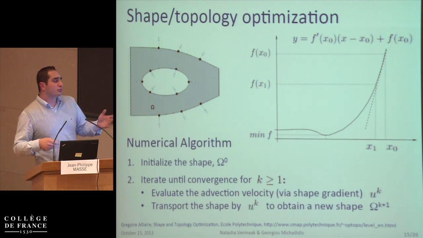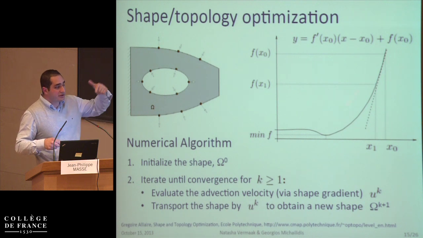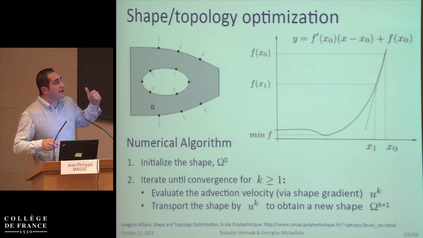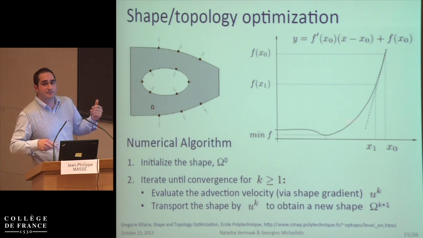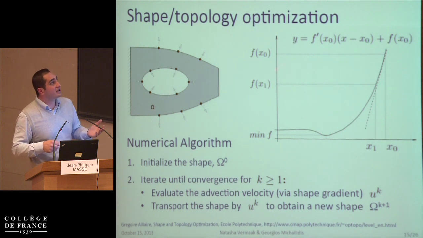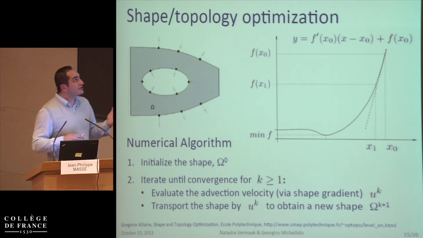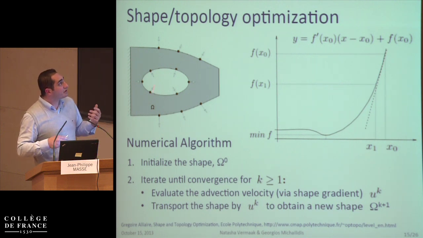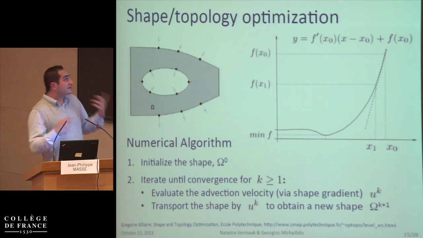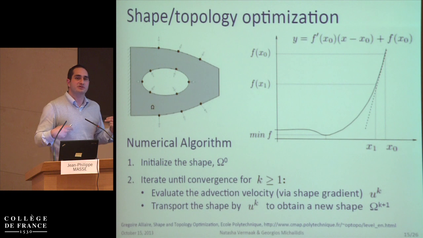We usually construct a linear approximation of the function in a neighborhood of this point, and we take another point x1 that lies closer to the minimizer. In order to construct this linear approximation, we need to calculate a notion of derivative, of gradient. So for us, it would be a shape gradient, which can be understood as a velocity field defined on the boundary of the shape, which tells us how the boundary should change in order to decrease the objective function.